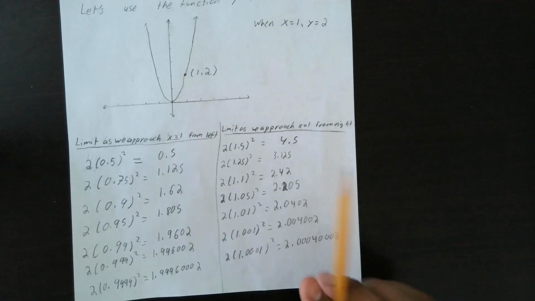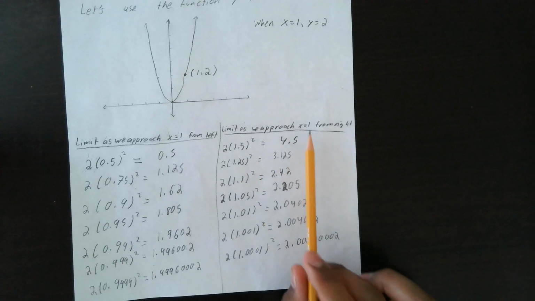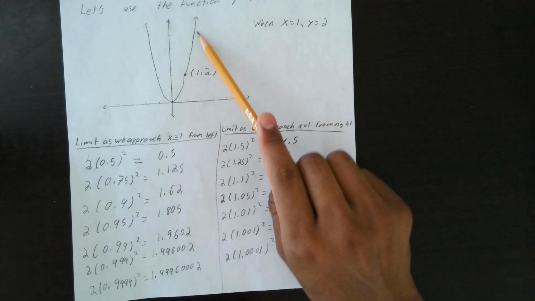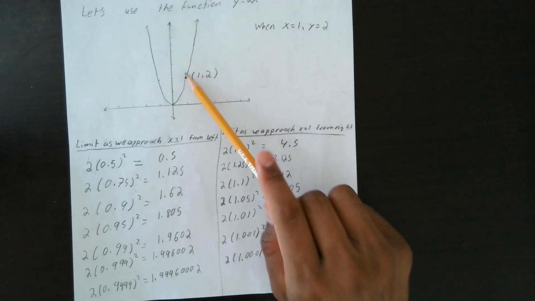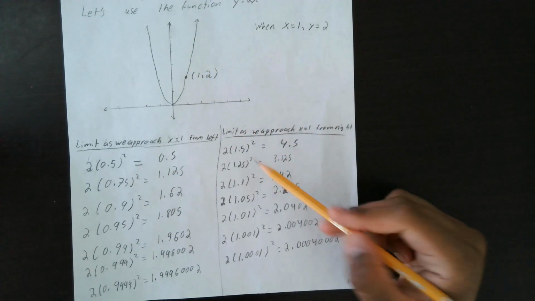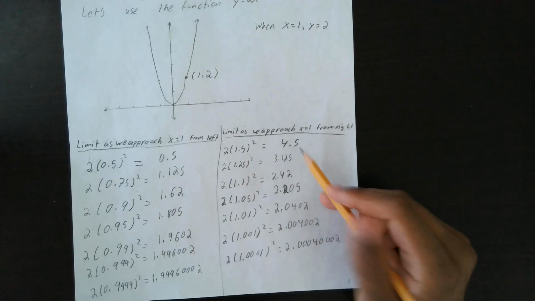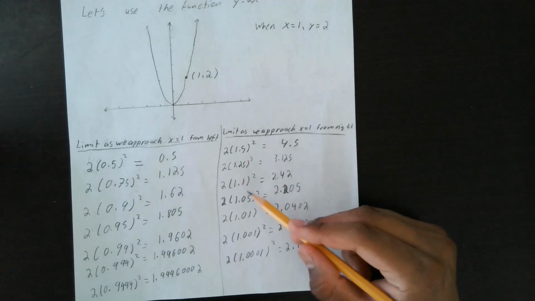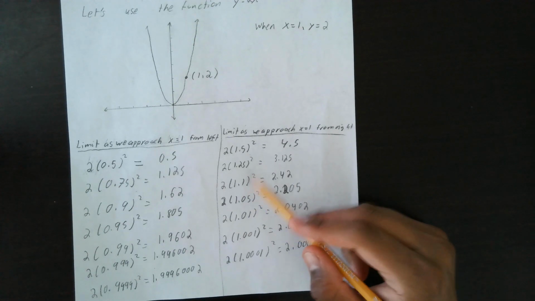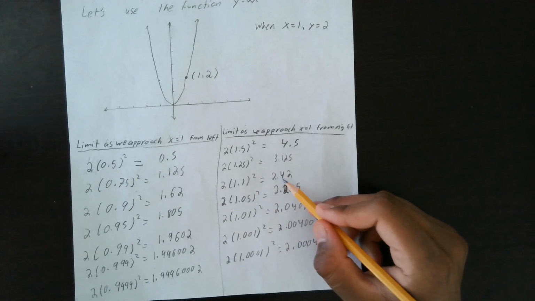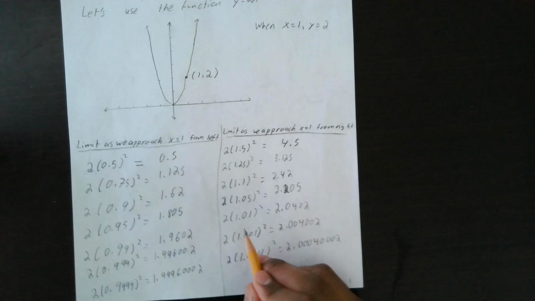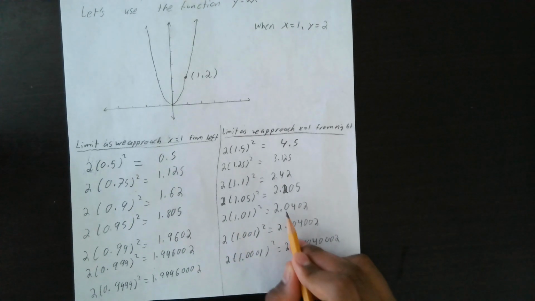Now let's look at the limit as we approach x equals 1 from the right side. So that's going from here. If we were to plug in x equals 1.5, we get a y value of 4.5. That's pretty far off, so let's try plugging in x equals 1.1. We get a y value of 2.42, so that's much closer. If we were to plug in 1.01, we get 2.0402.